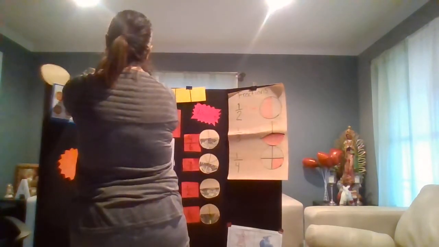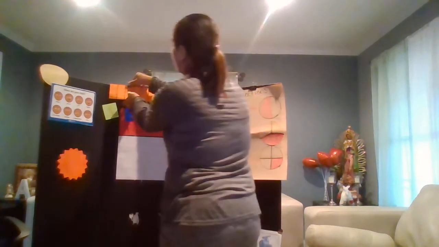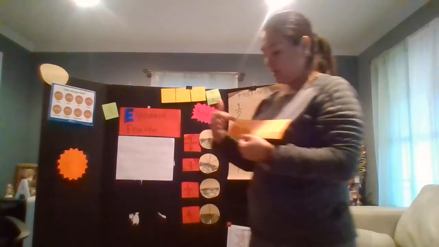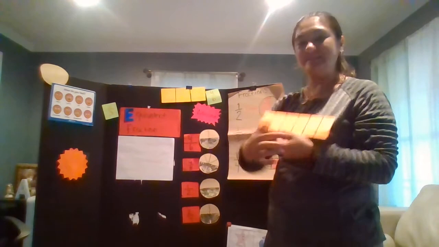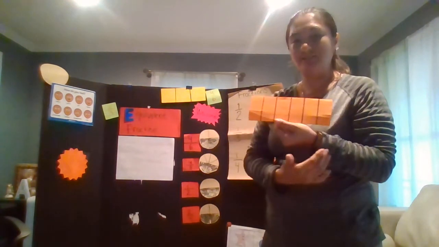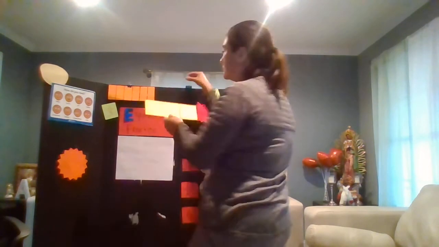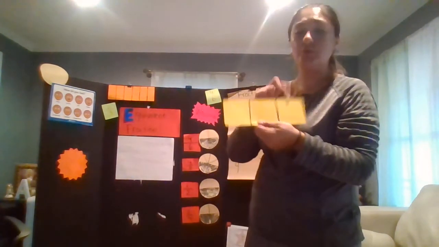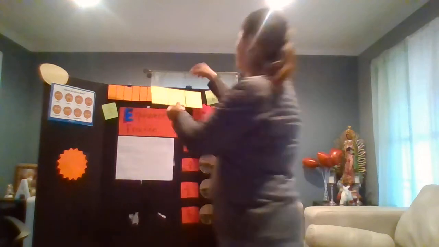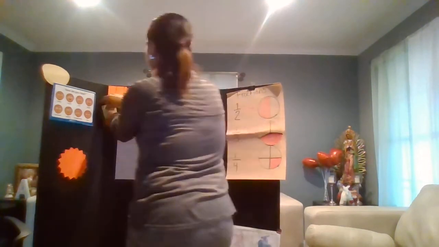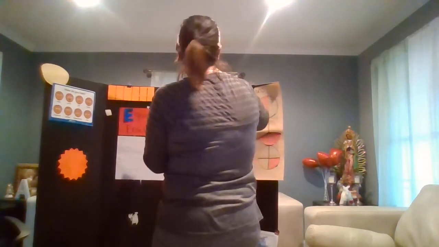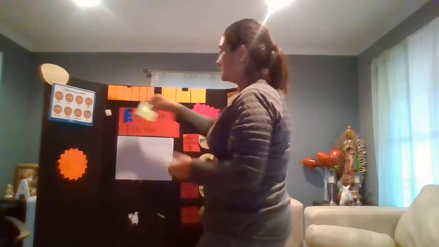So out of your sentence strips right here, I want you to divide them in 1, 2, 3, 4, 5, 6 equal parts. And on your second sentence strip, I want you to divide it into 1, 2, 3 equal parts. And we're going to do a couple examples to find out if 2/3 and 4/6 are equal.